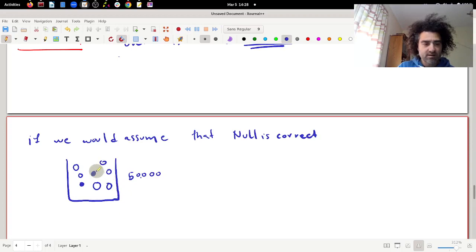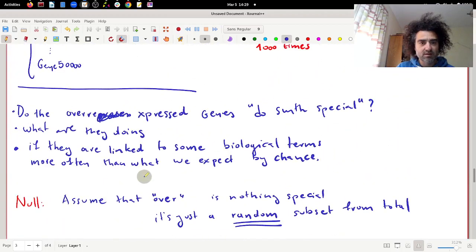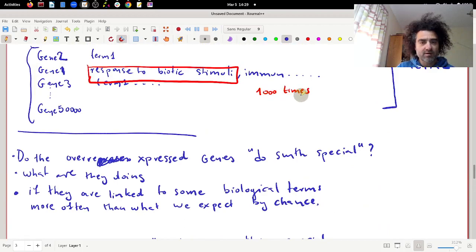And there are, let's put it, the white ones are 1,000. So here the white balls represent the number of genes that are linked to the term response to biotic stimuli in the total list.